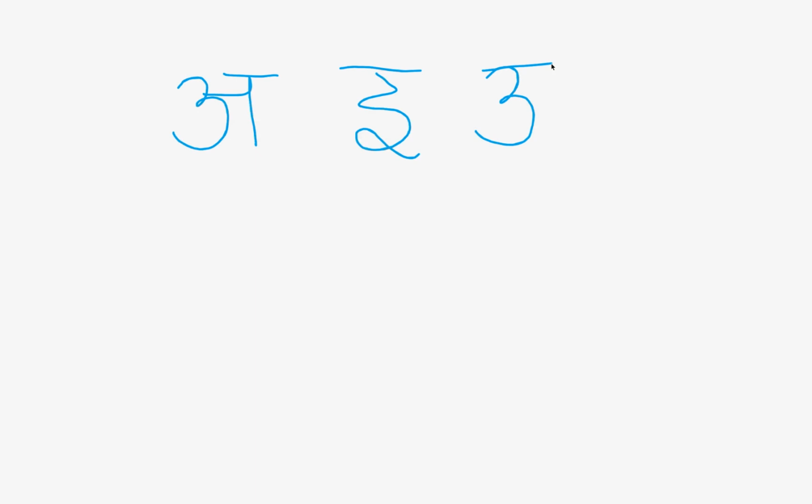And if you want to do it in a transcription way, then we can write it like A, E and U. So, how is A pronounced? Let's have a quick revision. How is A pronounced?